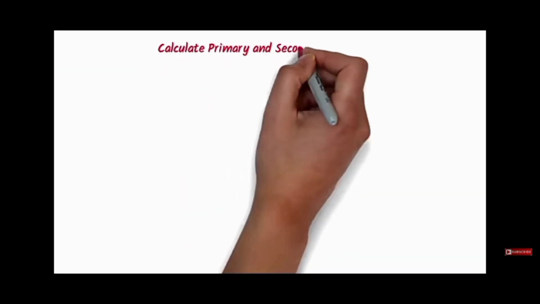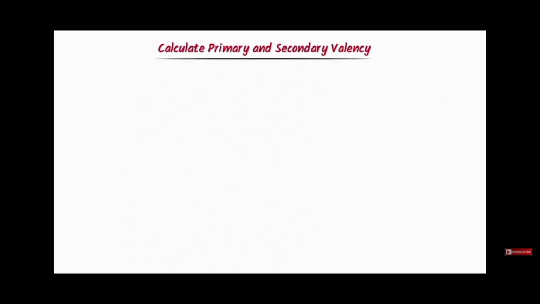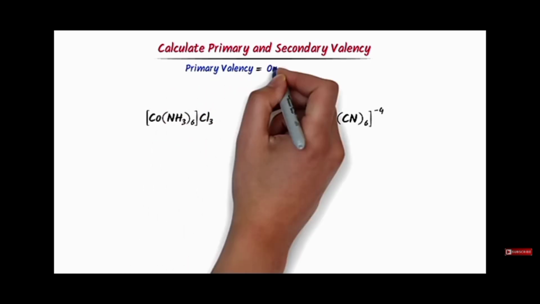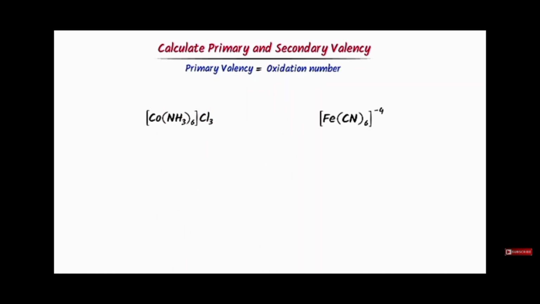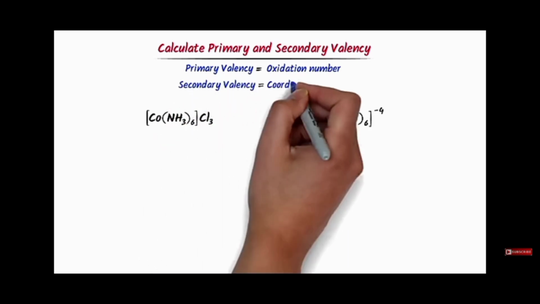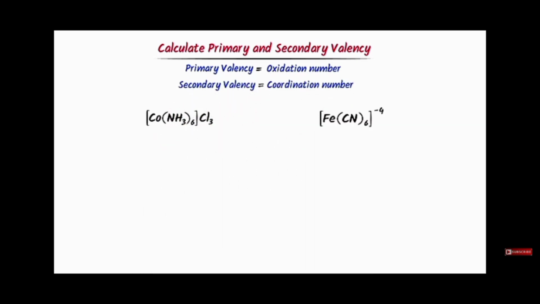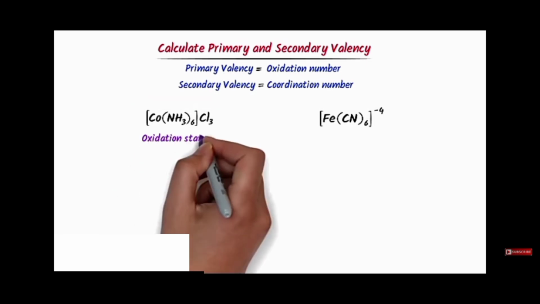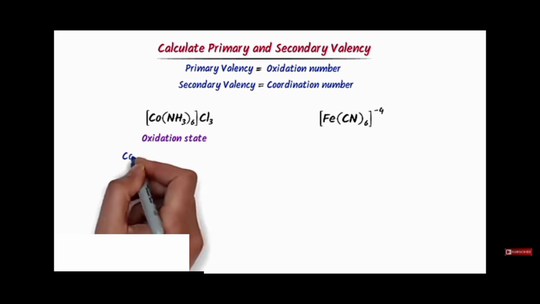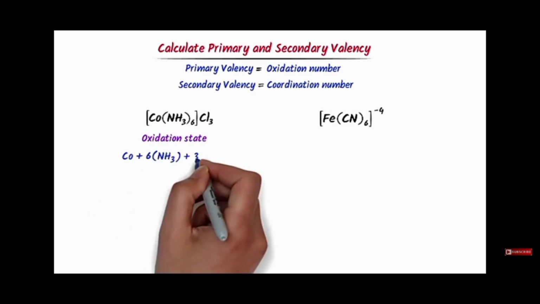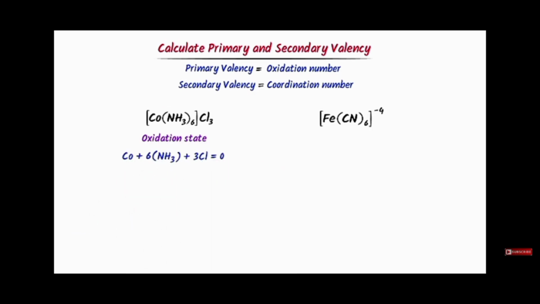Now how can we calculate the primary and secondary valencies of a central metal atom? Well, consider these coordination compounds. We have already learned that primary valency is the oxidation number of a central atom and secondary valency is the coordination number. Now in the case of this molecule, the central atom is cobalt. I am going to find its oxidation state. I write Co plus 6 into NH3 plus 3 Cl equals 0.